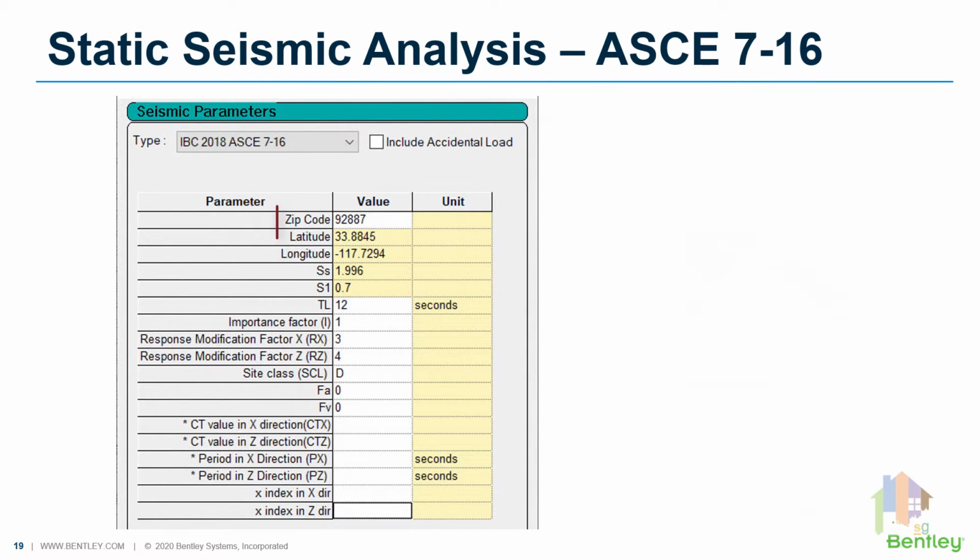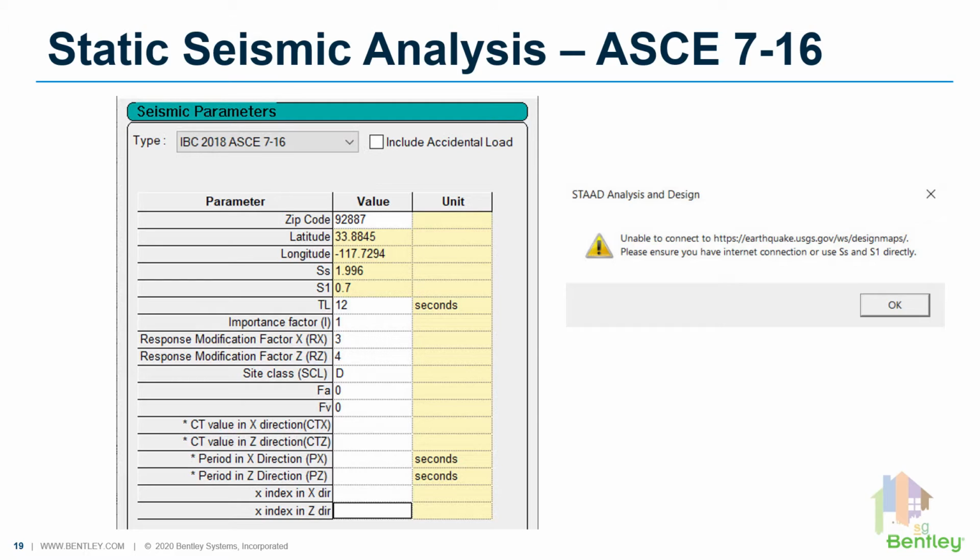Now, if you specify the zip code of your project location, STAAD automatically finds out the latitude and longitude values and then the SS and S1 parameters from dynamic data provided by the USGS. For this, you need an active internet connection as the program connects with the USGS site to get the SS and S1 data.